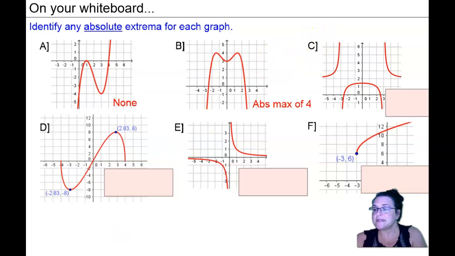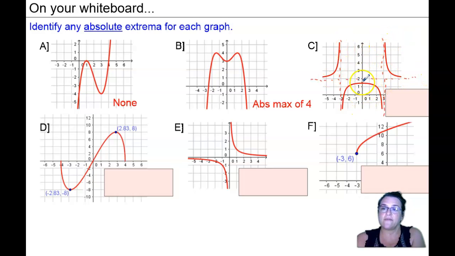Okay, in example C, we can see a rational function. So it had vertical asymptotes at -3 and +3, shaping that graph. Here's our horizontal asymptote at 2. And if you remember in the notes, we cannot count horizontal asymptotes as extrema.